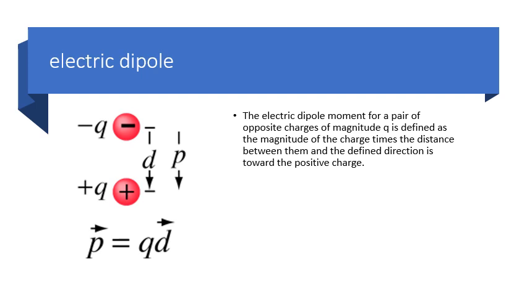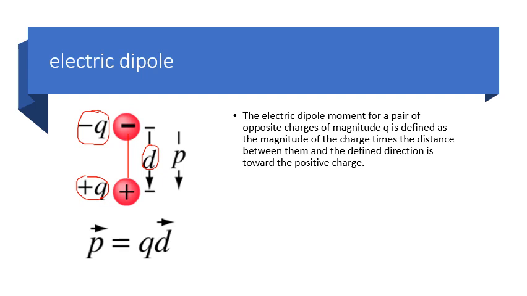The condition of the dipole is that both have the same magnitude but opposite sign. One is positive, one is negative. Now, if you have these two charges, they form a dipole, separated by a distance d.